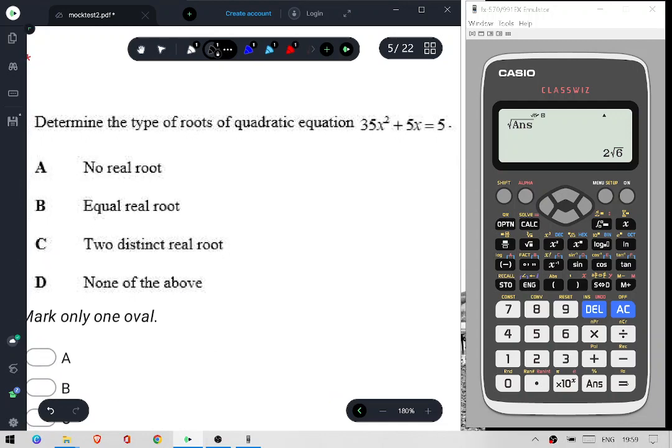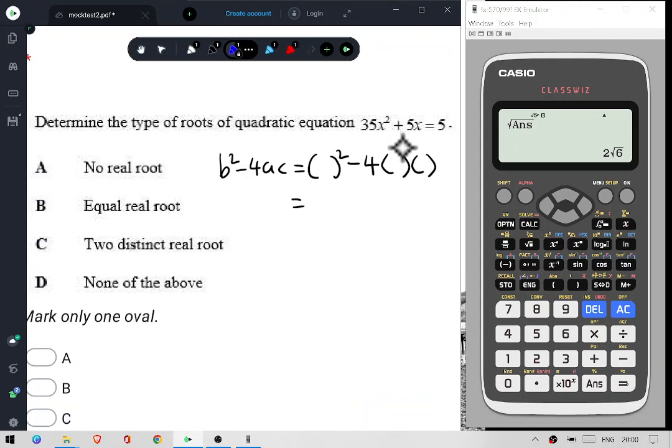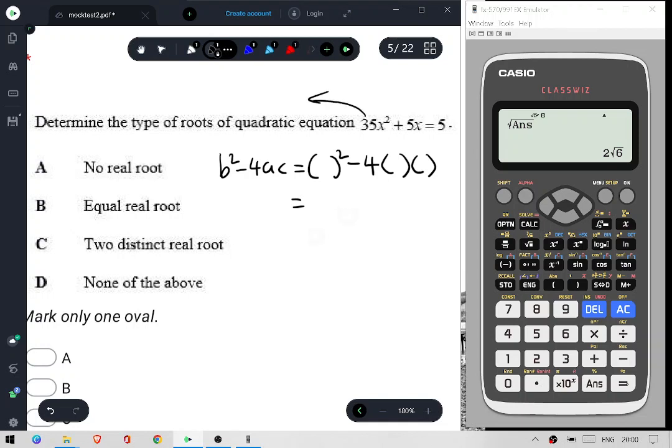Okay. Determine the type of roots. This one uses the same formula from the previous one. So we need to find the value of b squared minus 4ac. Now what is b? Let's rewrite it better: 35x squared plus 5x minus 5 equals 0.